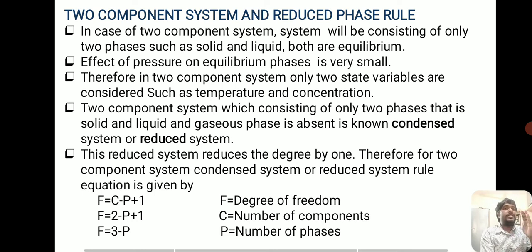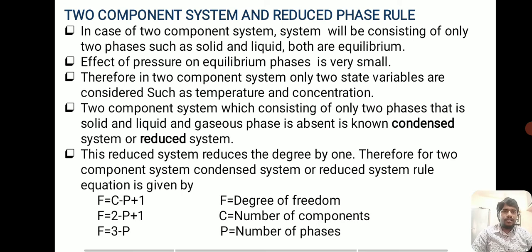Therefore, in a two component system, only two state variables are considered, such as temperature and concentration. There is no pressure component. A two component system consisting of only solid and liquid phases, with the gaseous phase absent, is known as a condensed system or reduced system.